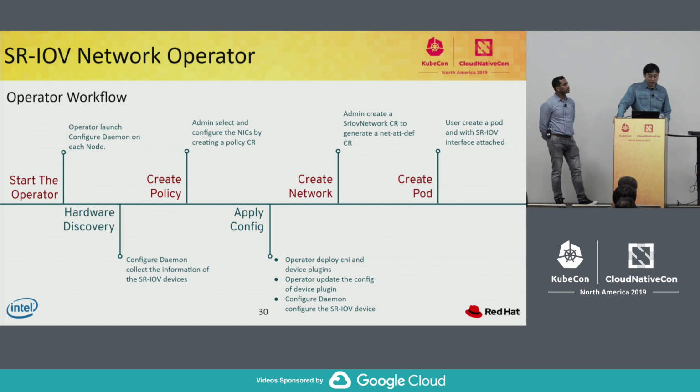The third step is to create an SR-IOV network with all the virtual functions you just created on your worker node. And in the end, you can just create a user pod. The first three steps can only be done by the cluster admin. And at the end, the user can create their pod manifests with all the information needed.